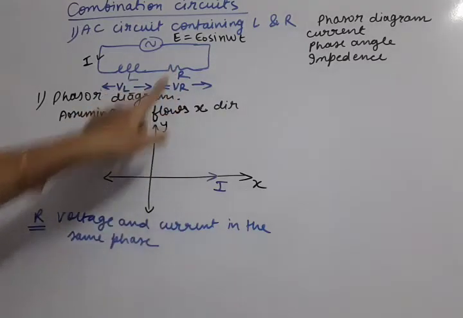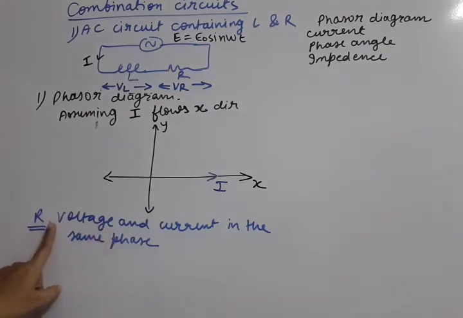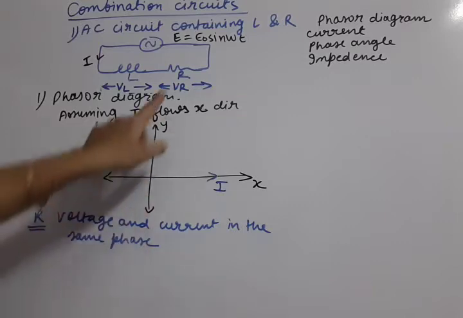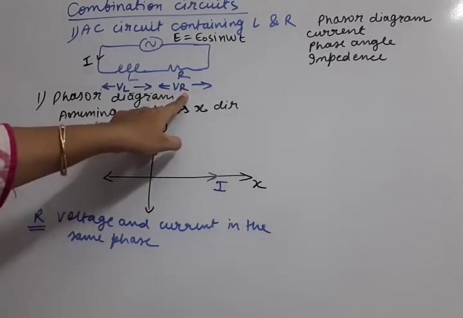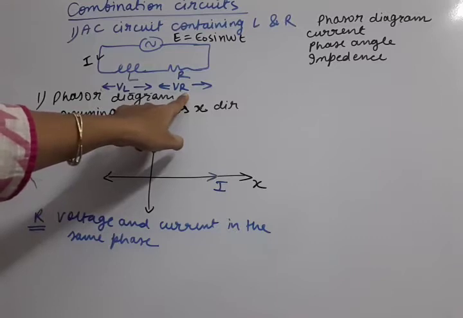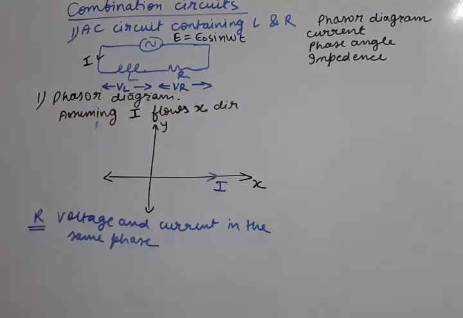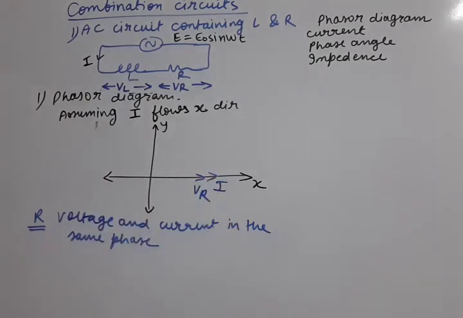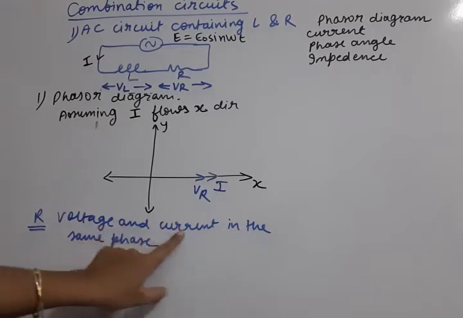For the R circuit, voltage and current are in the same phase, so the voltage across the resistance and the current will be in the same phase. That means VR will also be in the same direction.